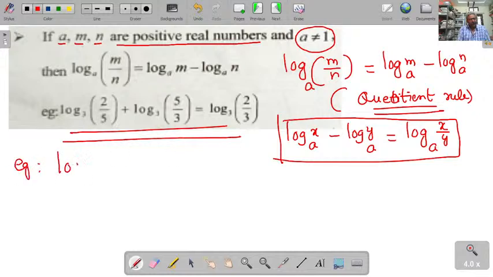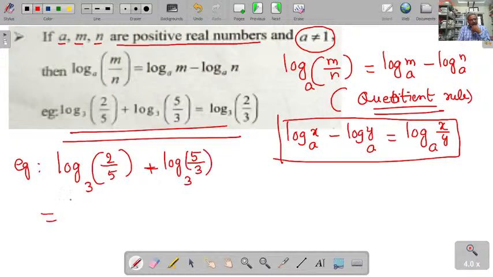If you are asked to find logarithm of 2 by 5 to the base 3 plus logarithm of 5 by 3 to the base 3, first we can apply the product rule. So logarithm of 2 by 5 multiplied with 5 by 3 to the base 3. So 5 and 5 cancel.